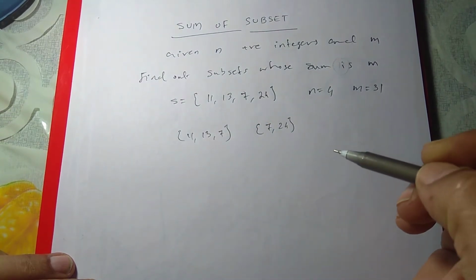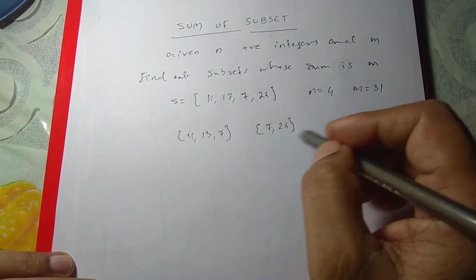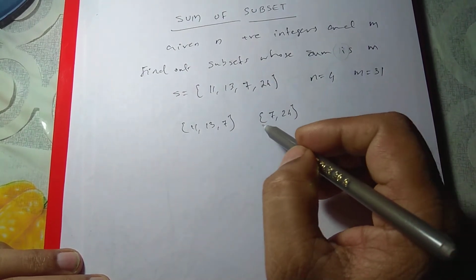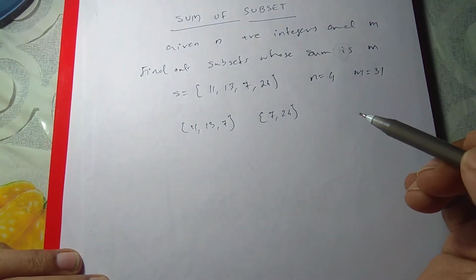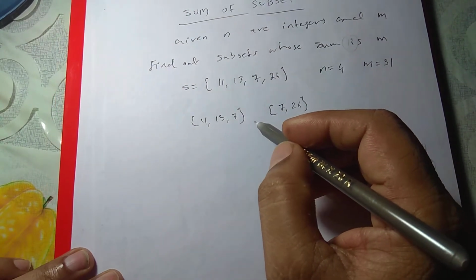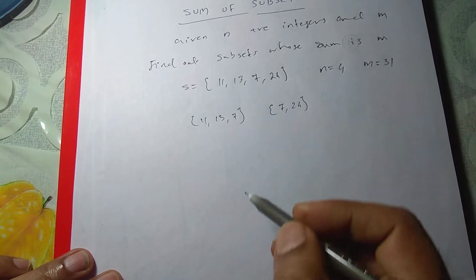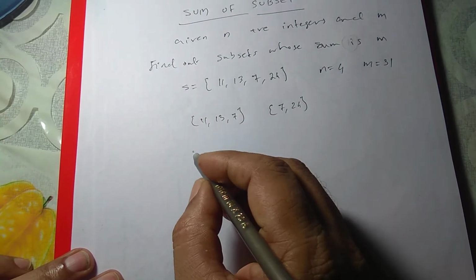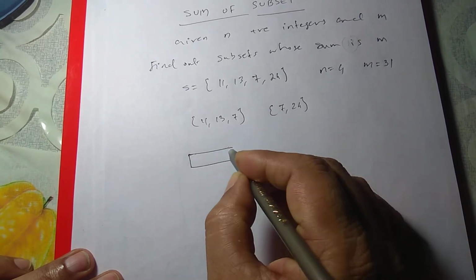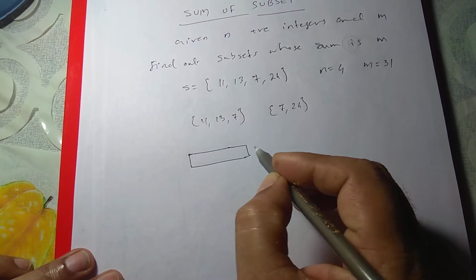So how can we find this? And how can we represent the resultant subset? We can represent the subsets as a list of indices of elements.